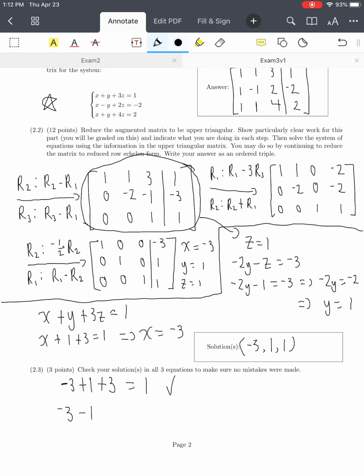Negative 3 minus 1 plus 2 equals negative 2. And then negative 3 plus 1 plus 4 equals 2. So that checks out. It's always a good idea to double check your work on these things because there's a lot of steps in the middle of it.